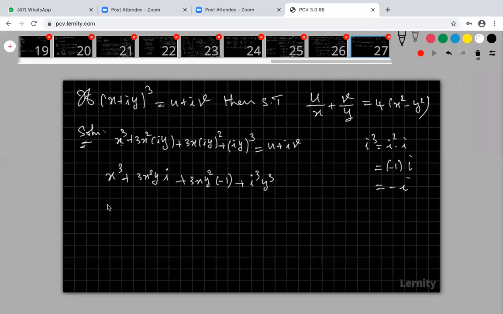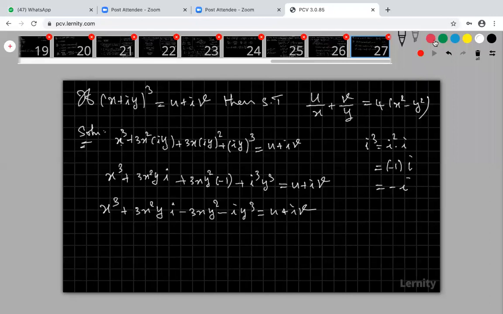So this is x cube plus 3x square y into i plus minus 3xy square, and i cube is minus i, so minus i y cube equal to u plus iv.